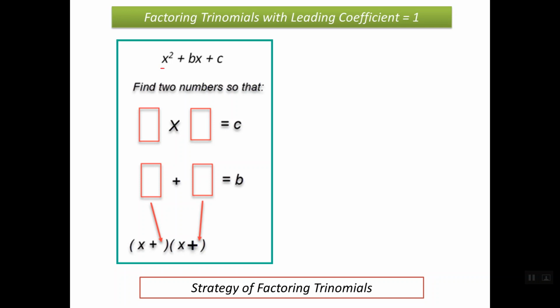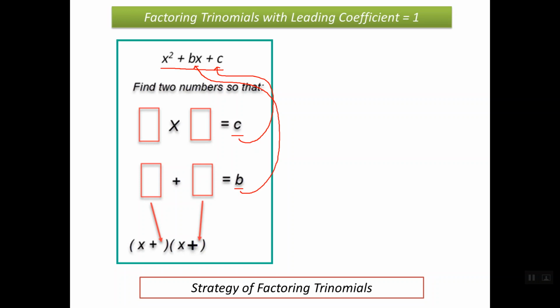If we have the trinomial x² plus bx plus c, the strategy is to search for two numbers so that the multiplication of the two numbers is equal to the constant c, the separate constant in the general form, while the addition of the two numbers should be equal to the value of b, the coefficient of the variable x in the second term.